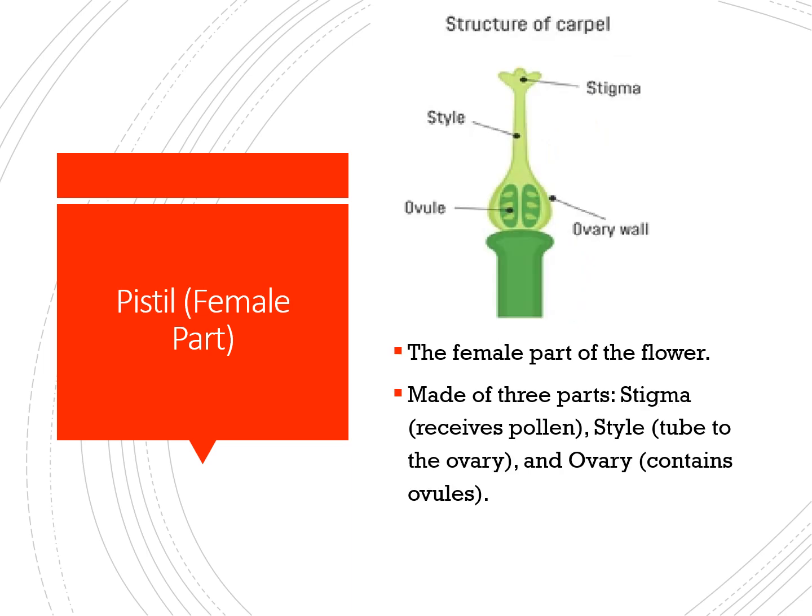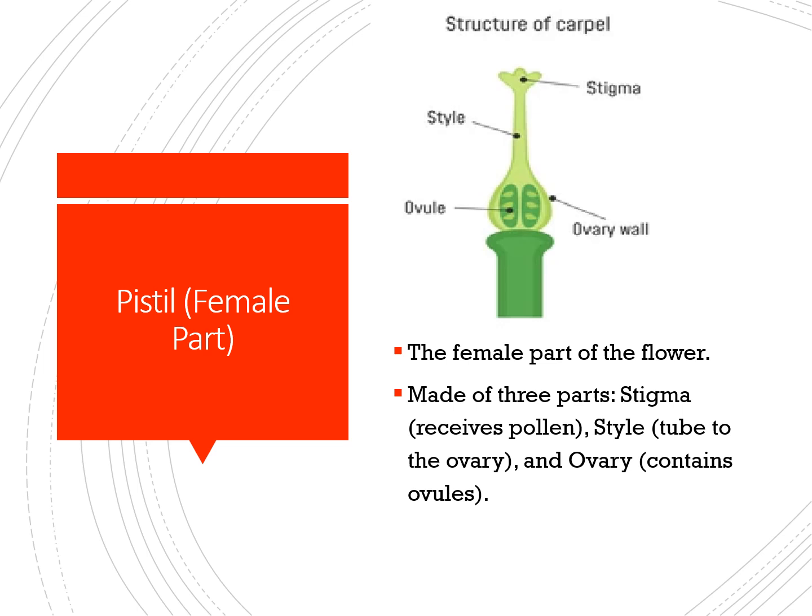Then comes the pistil, the female part of the flower. Pistil is also called the carpel. As you can see in the picture, the first and upper part of the pistil is the stigma. Stigma receives the pollen grains.